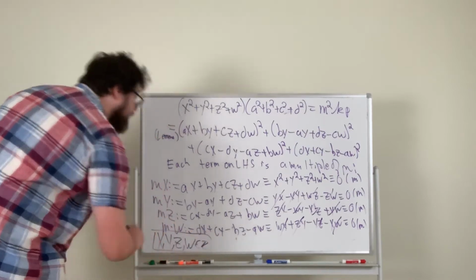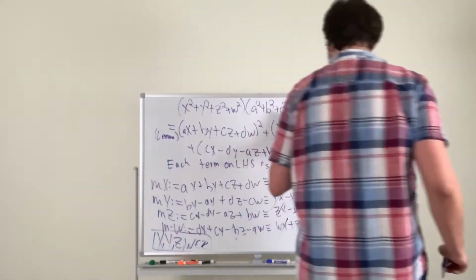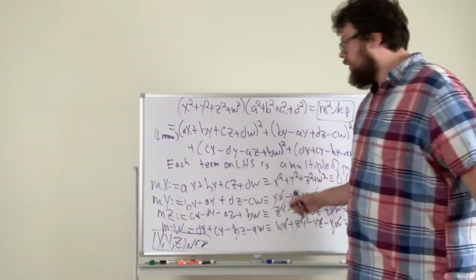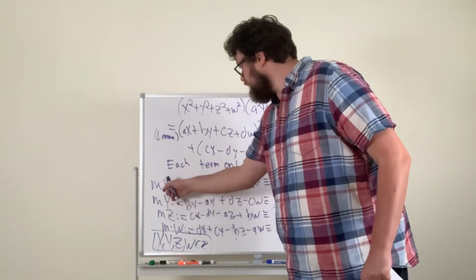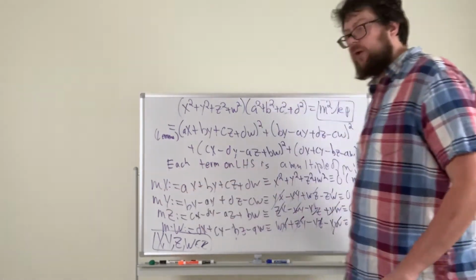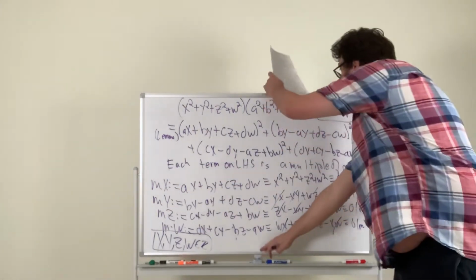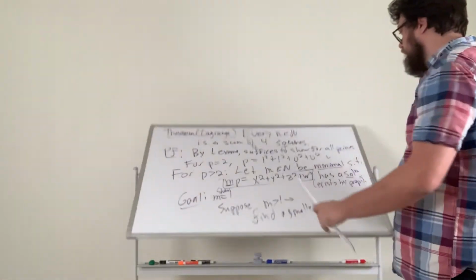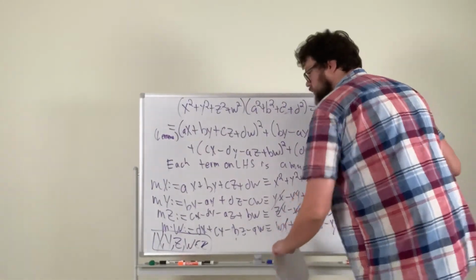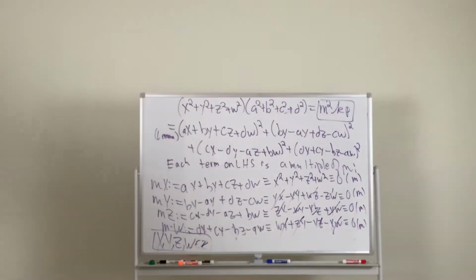Okay. So therefore, I have m squared times k times p is a sum of each of these m times X terms, right? So let's just write that all out, okay? So I only need that one equation, or, well, let me just erase some on this board so I can keep it on the same side.